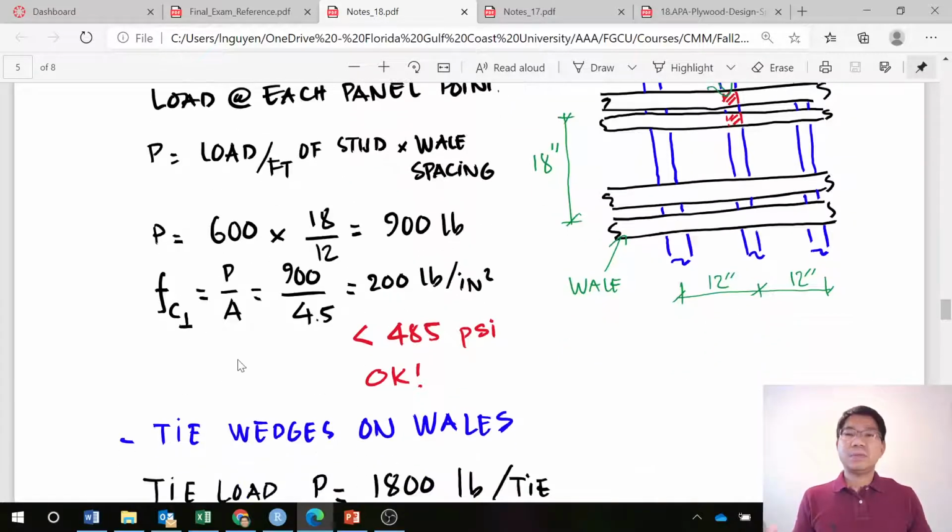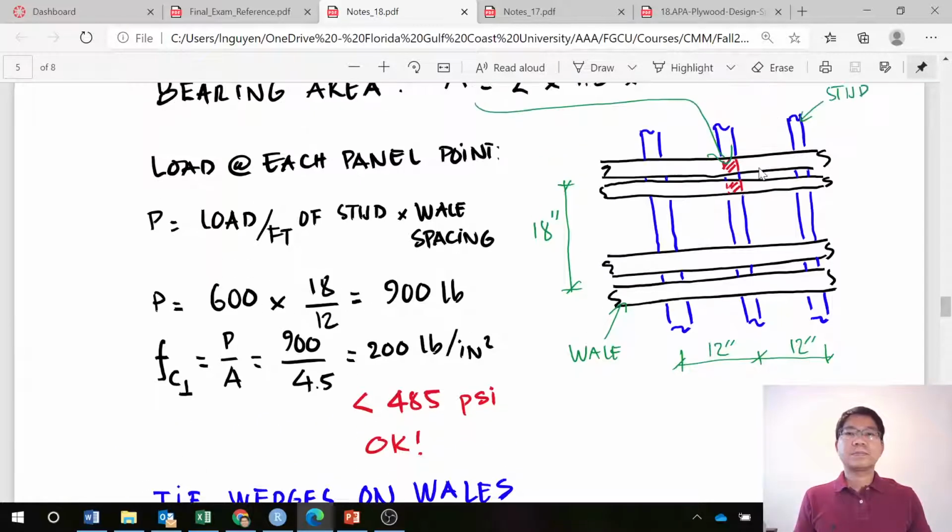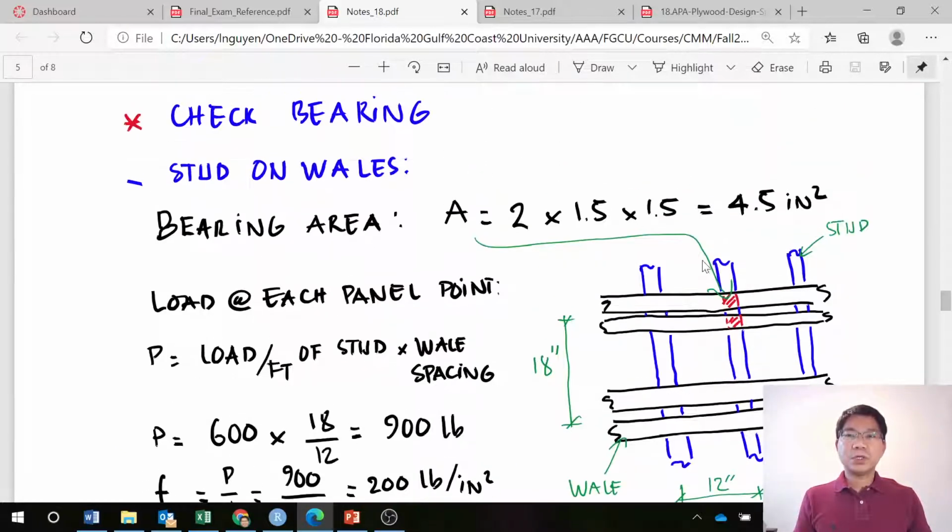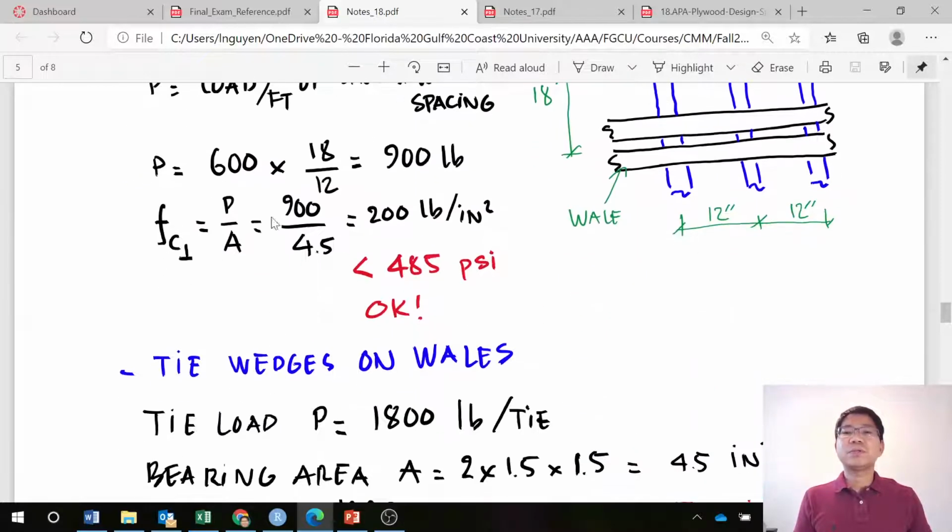Then from that we can determine the actual stress on the bearing contact between the stud and the walls. So P over A is 900 divided by the area of contact, 3.5 times 4.5, so you have 200 pounds per square inch, PSI. That is the actual.